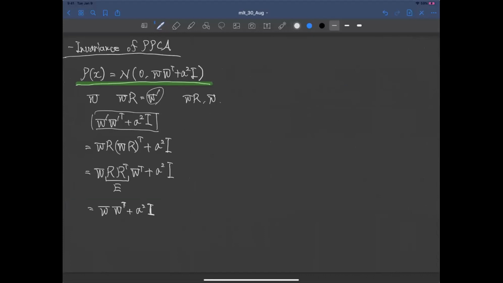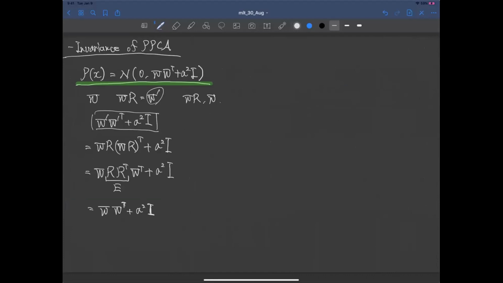So that's a little strange property of probabilistic PCA. This is really related to the property of orthogonal matrices.